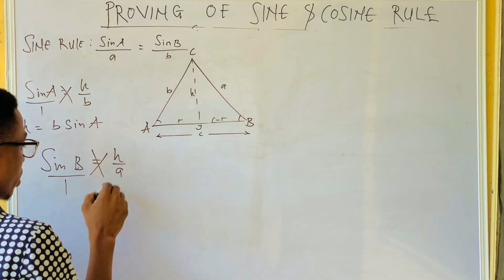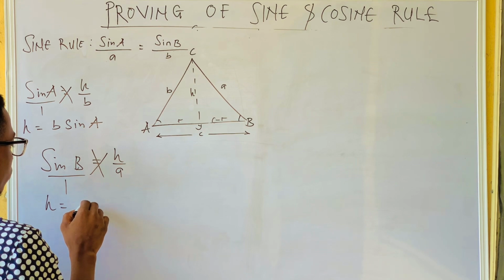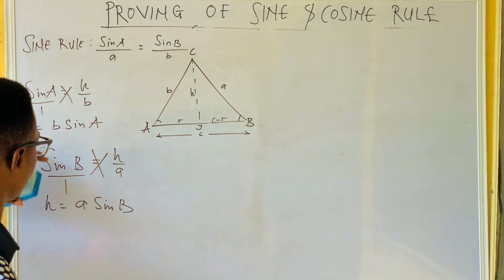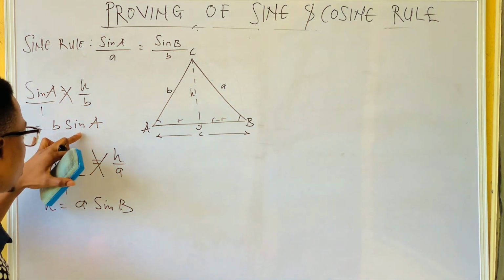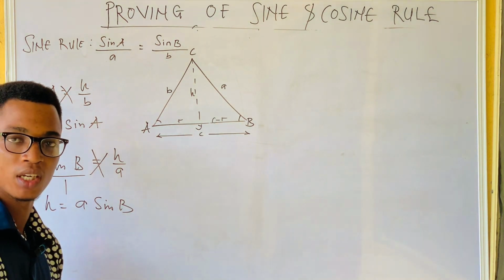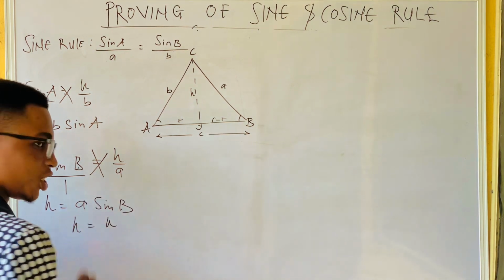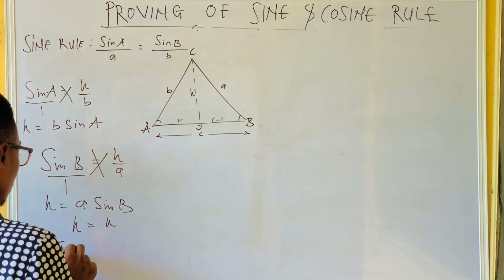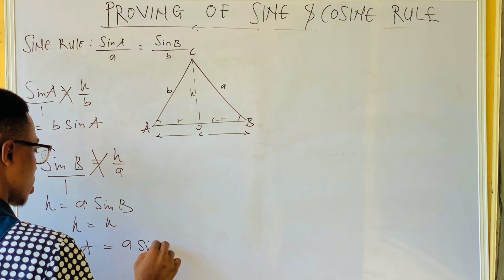We cross multiply as well, where we have h equals a sine B. If you look at these two equations, they are the same because h is equal to this and also h is equal to this, meaning that we can compare the two equations. h equals h. Now we have b sine A is equal to a sine B.